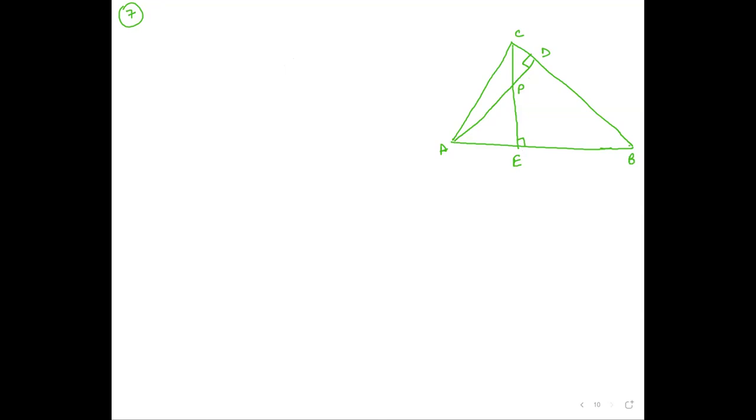Now, note down what is given here. Altitudes AD and CE of triangle ABC intersect each other at point O. Show that. Okay, first thing.